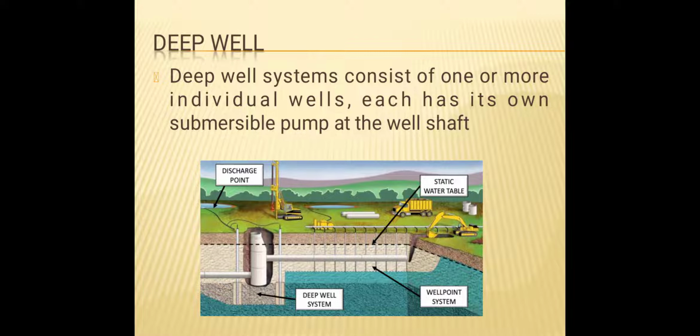The discharge point is on the surface, and the pipelines supply water from the water surface to a river or pond. The pumps will be under the ground. These are called deep wells, known as underground.